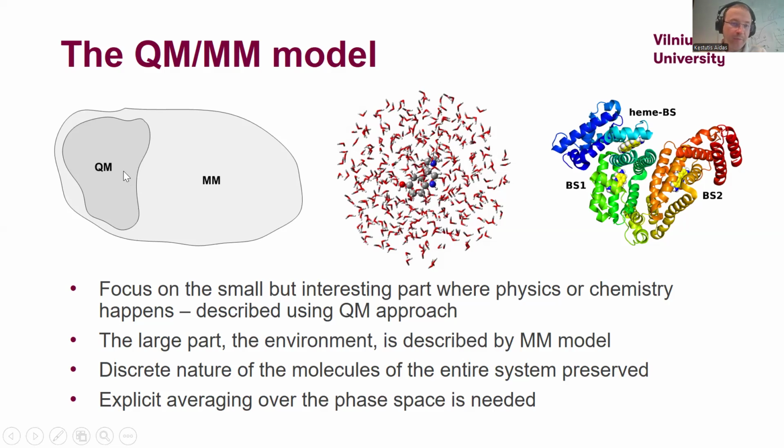Therefore, we use this QM/MM model, which only uses the precise and accurate quantum mechanical description for the small part of the system, whereas the rest of the system is described by molecular mechanical potential. So basically, this is a classical description of the environment that the solute, or the molecule of interest, finds itself within.